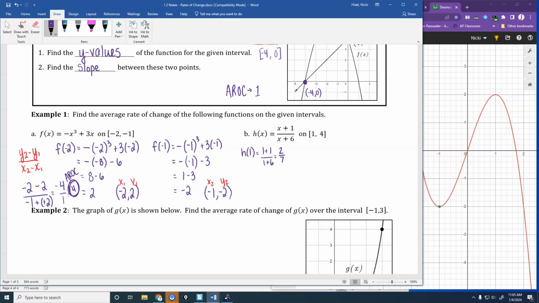If you have an aversion to fractions, we're going to have to get over it because there is a calculator inactive part, and they sometimes will put some fractions on it. H of 4 would be 4 plus 1 over 4 plus 6, which is 5 over 10, which is 1/2.